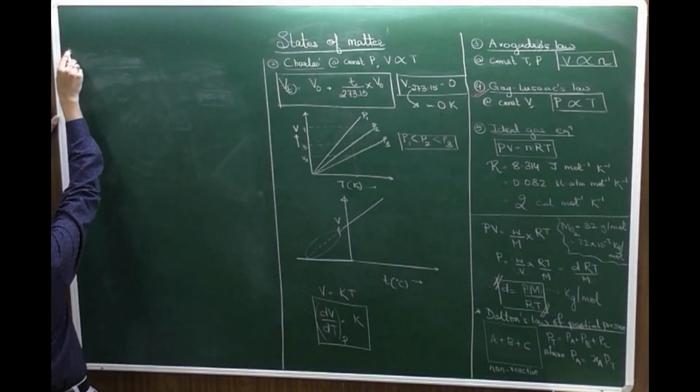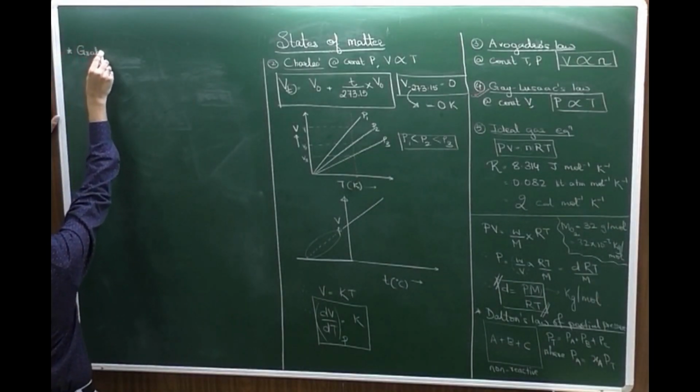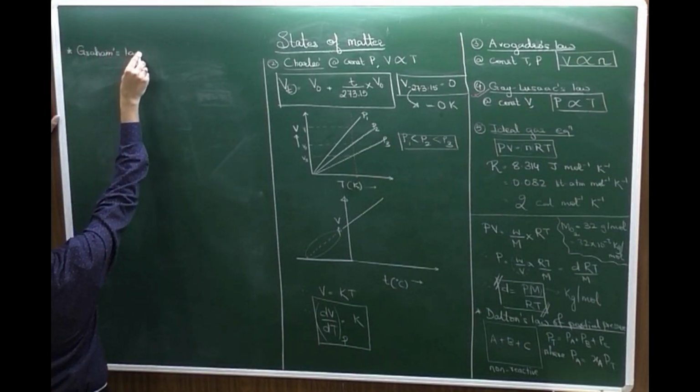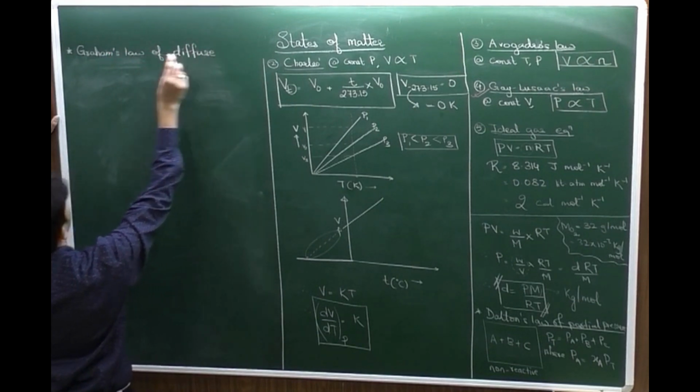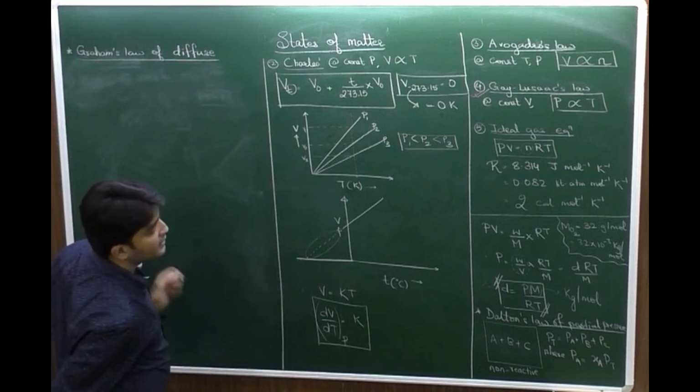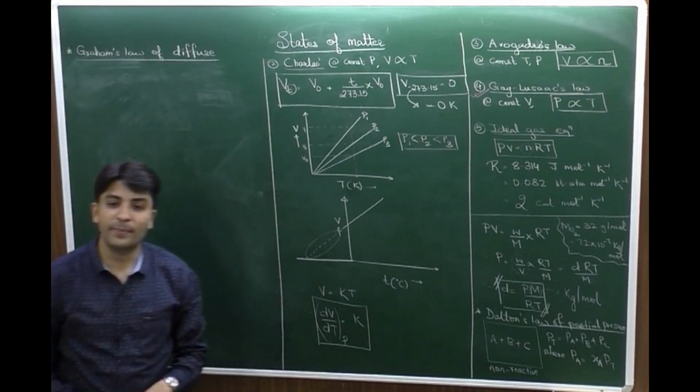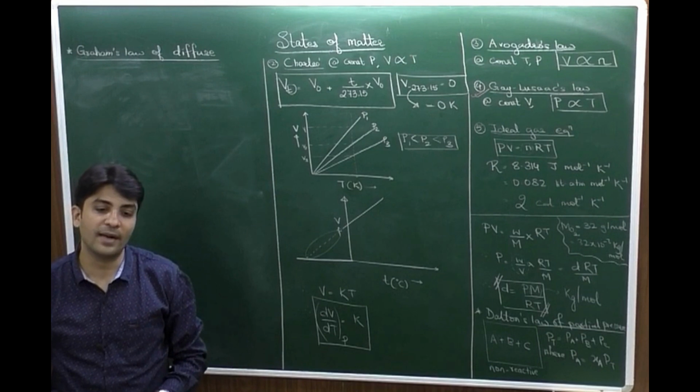After Dalton's law, we also have Graham's law, and this is for diffusion. When the gases are diffusing with respect to each other, the speeds of diffusion will depend on their molar masses.